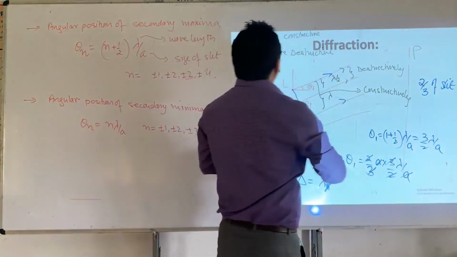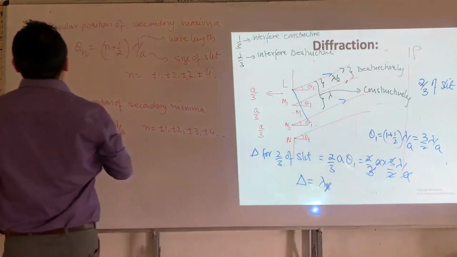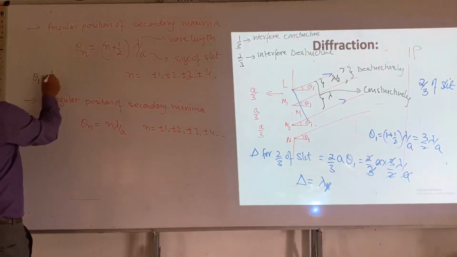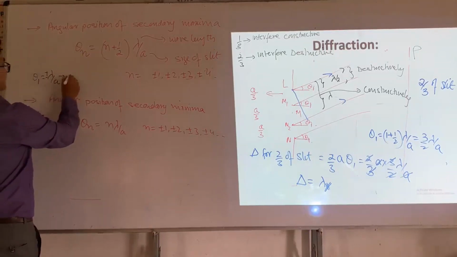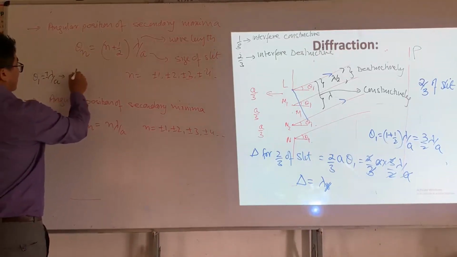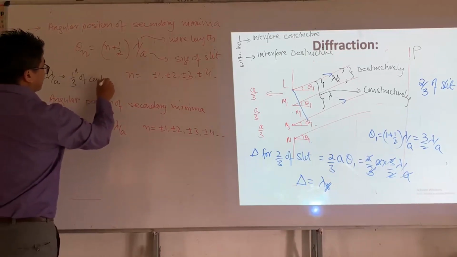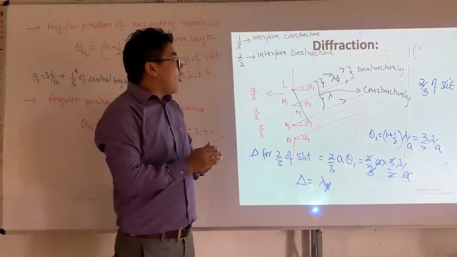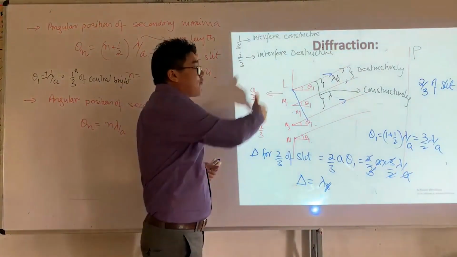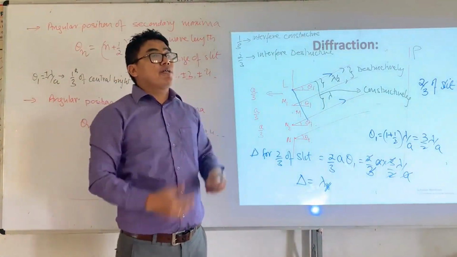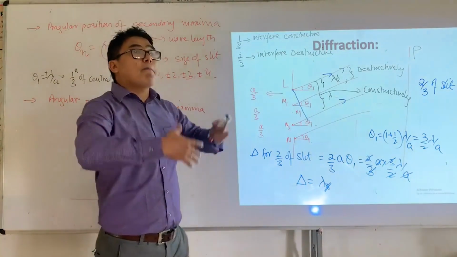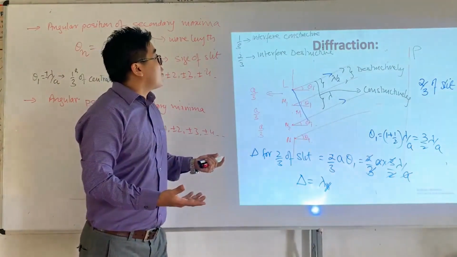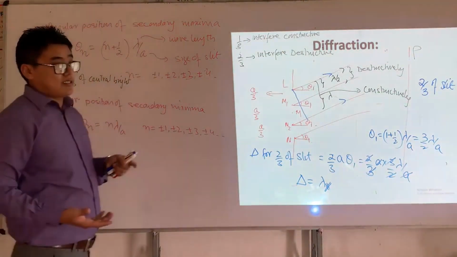Therefore, the brightness is going to be 1/3 of the central maximum. So at angle theta 1 equal to 3 lambda by 2a, plus minus, you get 1/3 of the central brightness. Why? Because 1/3 of the slit contributes constructively, and the 2/3 part of the slit doesn't contribute. Therefore, the brightness is going to be 1/3.